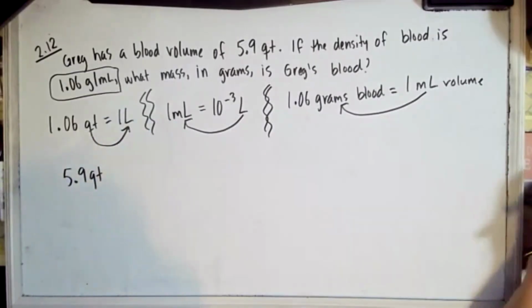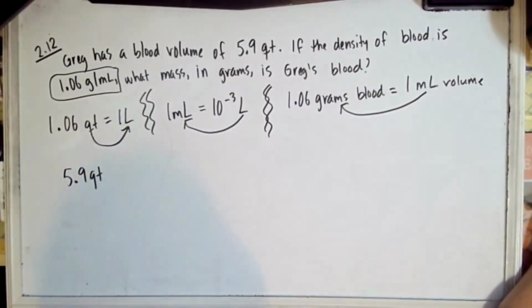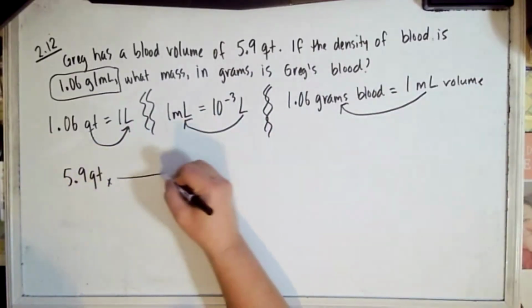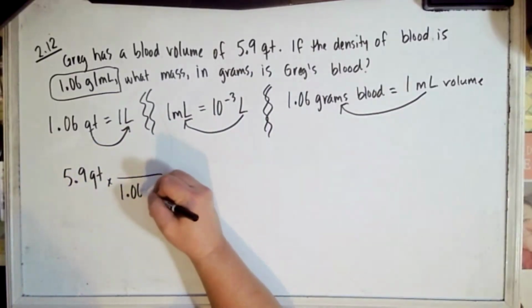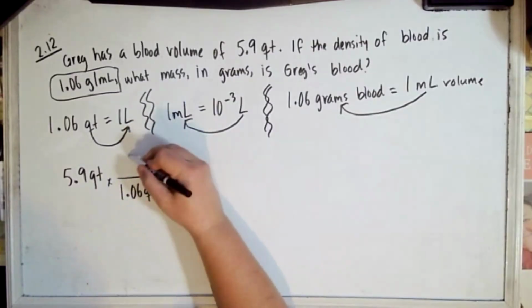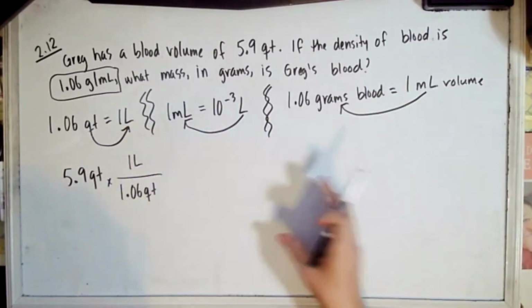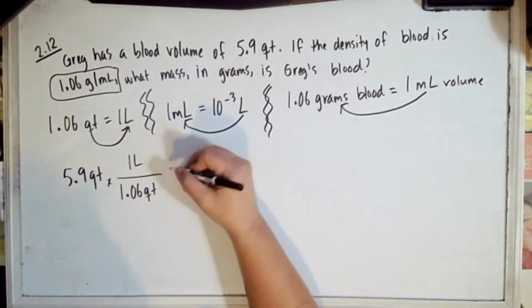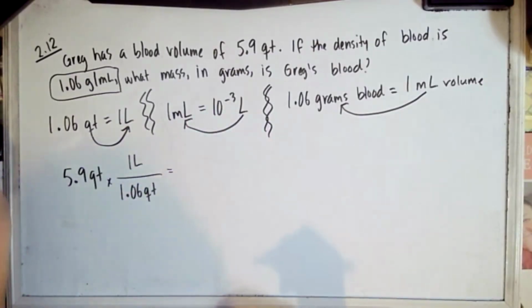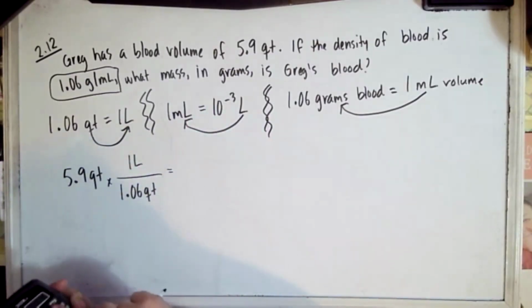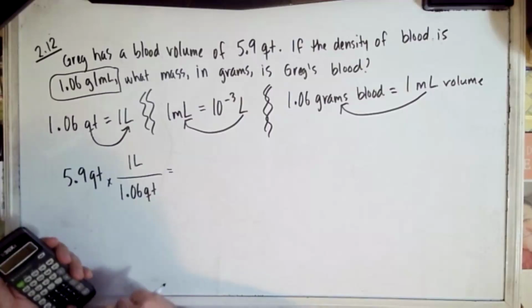And this is going to be our first conversion, taking the 5.9 quarts and turning it into liters. Okay, and you can do this in 3 steps or you can do it all in one chain. I'll do the next one in one chain. I'll do this one in the steps.